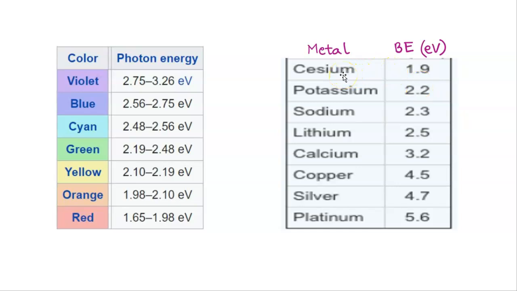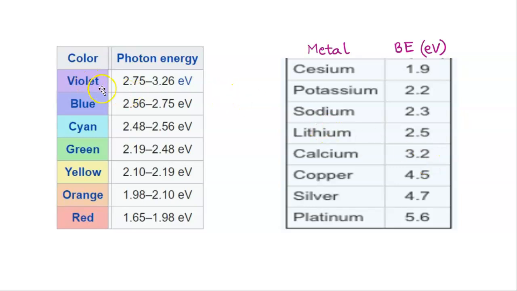The cesium metal electron is bound with this much energy, the potassium electron is bound with this much energy. So if we want to remove the electron from, say, calcium, it has a binding energy of 3.2. So we need light which has energy greater than 3.2 electron volt.